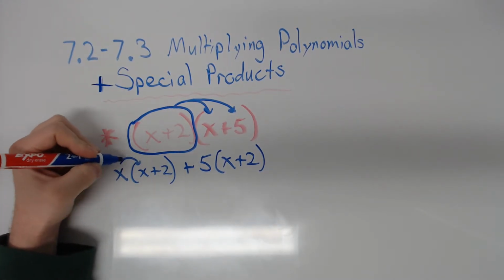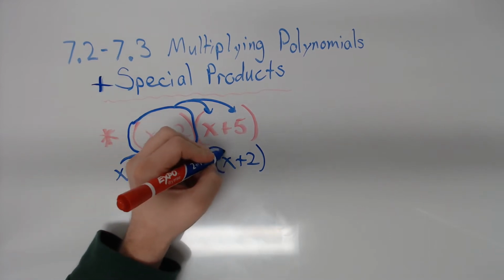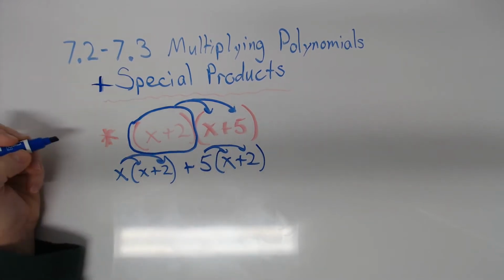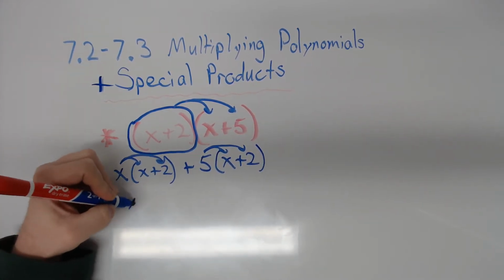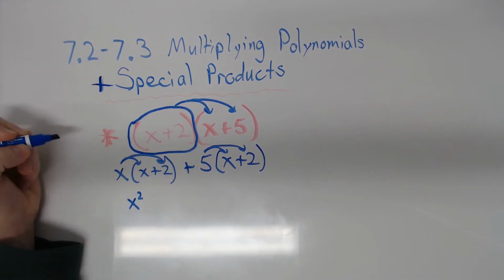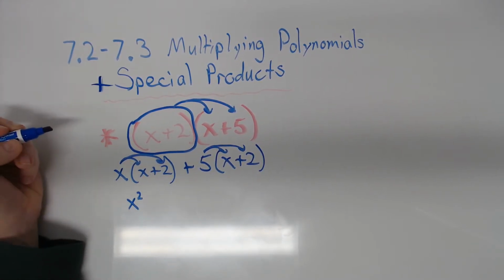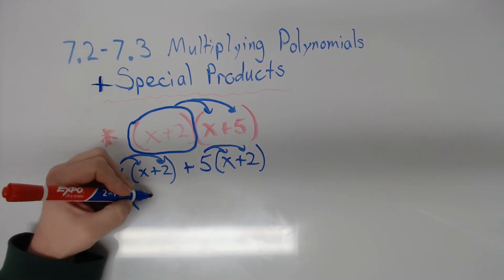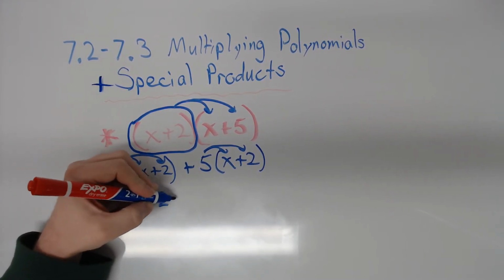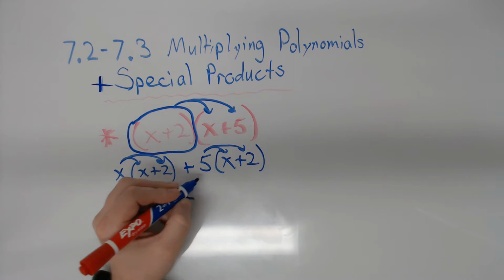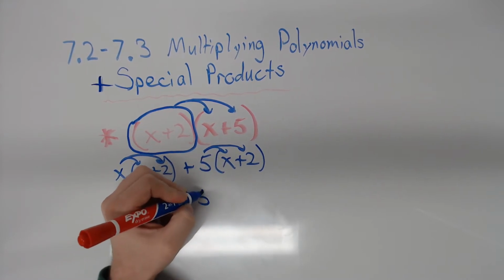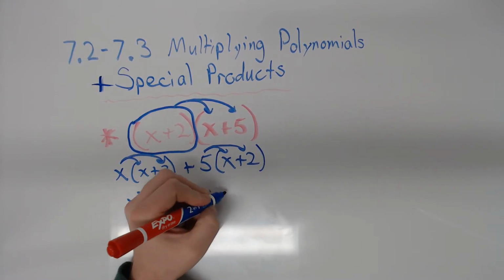Then we would do the distributive property again, but this time it looks more normal. X times x, multiply something by itself, that's when we use exponents. So x times x is x squared. X times 2 is 2x. 5 times x is 5x. 5 times 2 is 10.